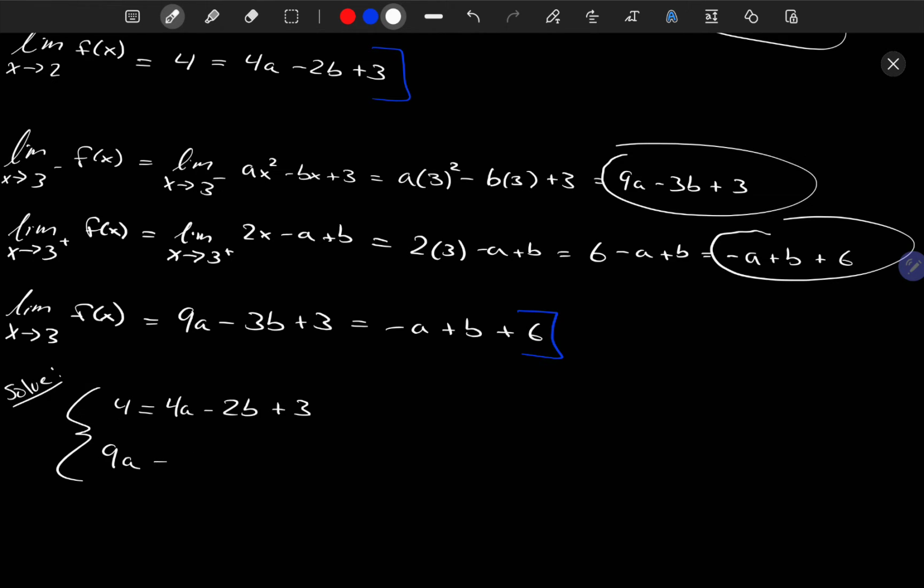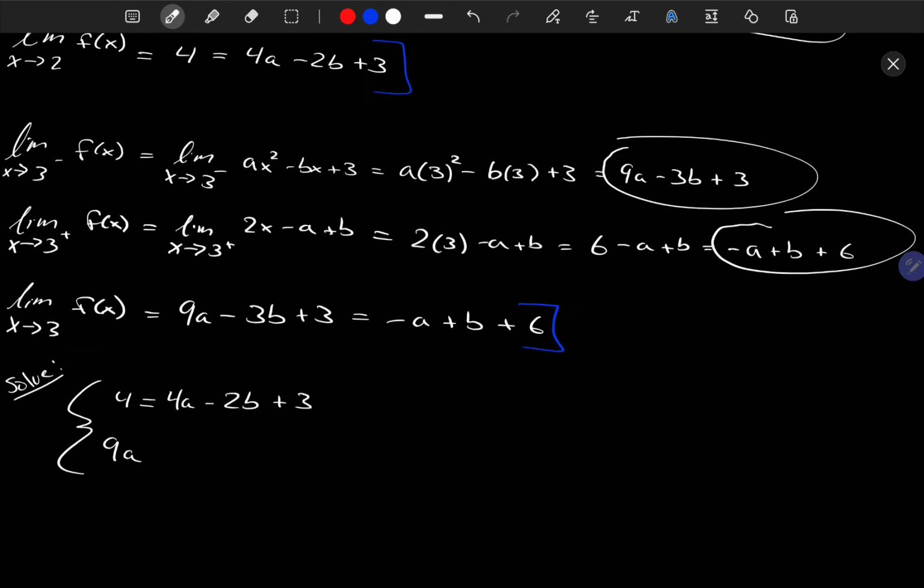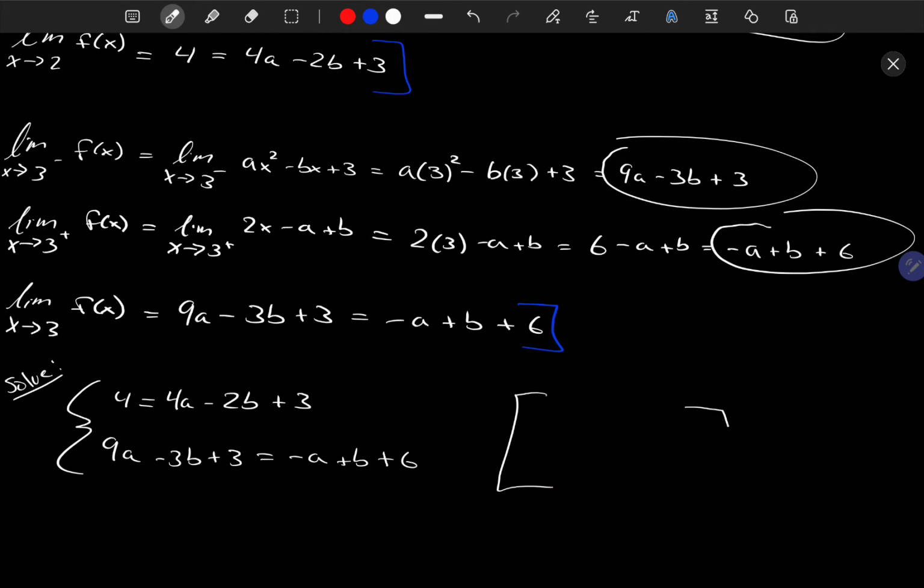And 9a minus 3b plus 3 equals negative a plus b plus 6. You could also do matrices, but it'll probably take you longer to do that. So you can just solve.